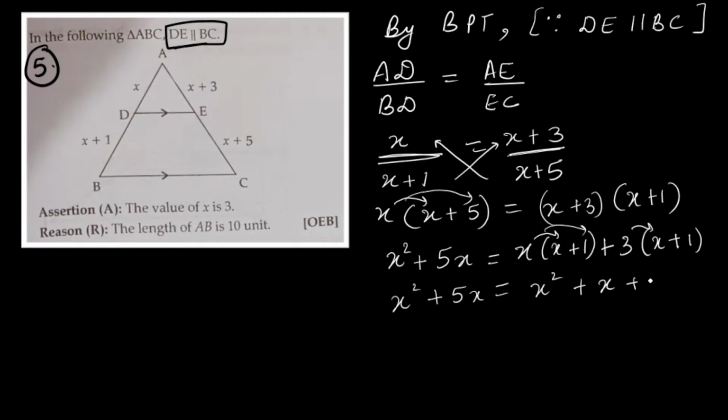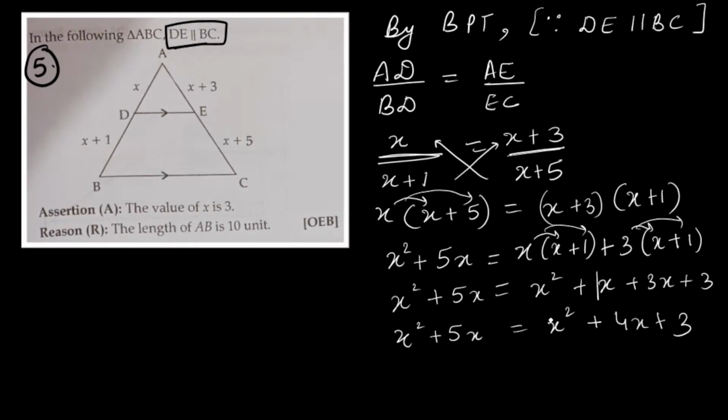Here 3 into x is 3x plus 3 into 1 is 3. So x square plus 5x is equal to x square plus x plus 3x is 4x plus 3.